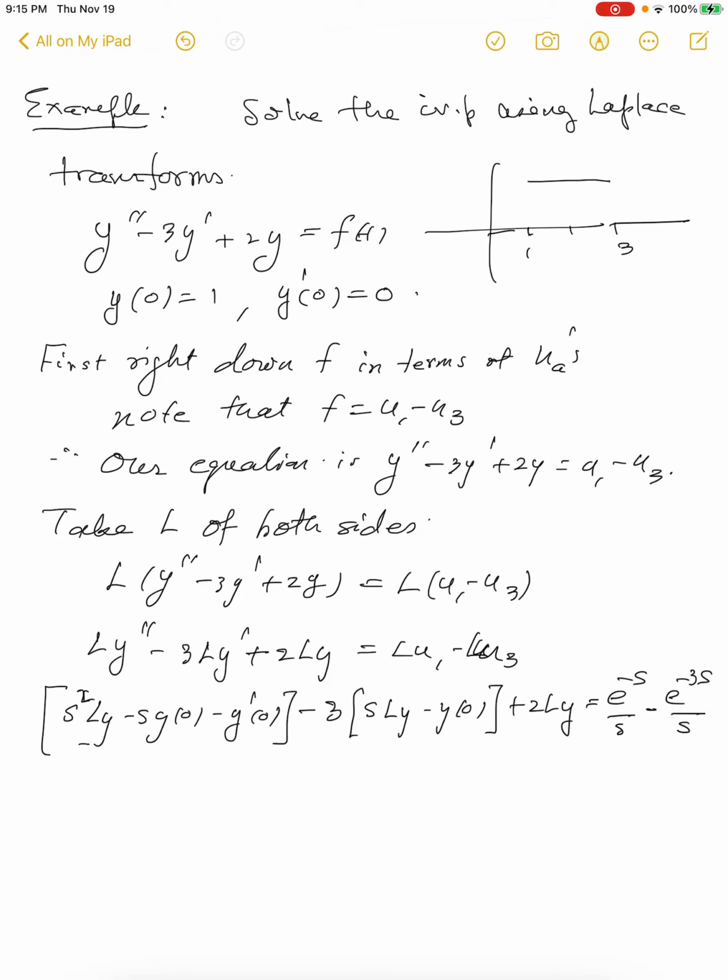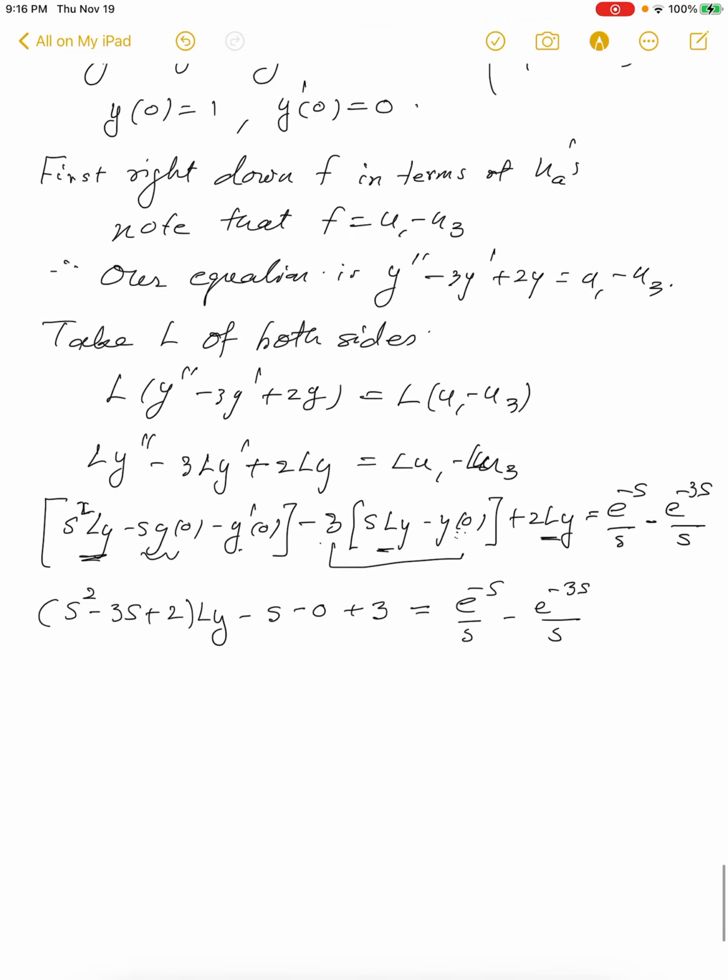So let's simplify this. So what do we get? You collect terms in L y. So you get s squared minus 3s plus 2 times L y. Then you have s y(0), y(0) is 1, y prime (0) is 0, and then you have this term which is plus 3 y(0), y(0) is 1, so it is plus 3, and that should be equal to e to the minus s by s minus e to the minus 3s by s.